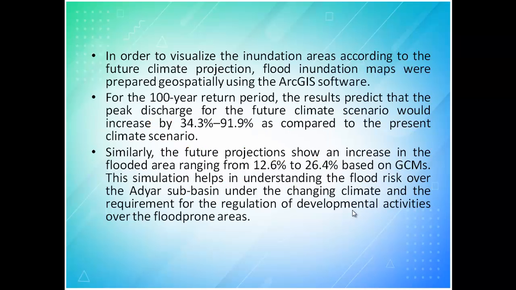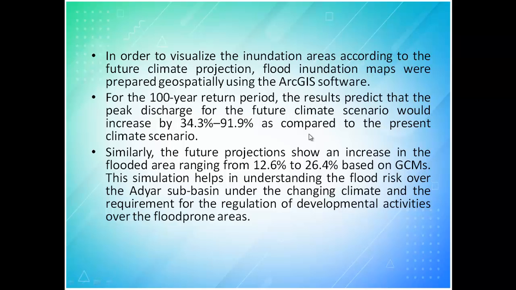In order to visualize the climate projection flood map, we are going to take a 100 year return period. For this they are using software. I will just say what the software is. They collect the previous years' data and use software called ArcGIS.